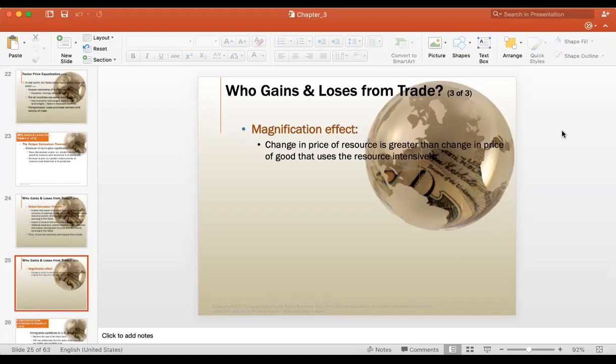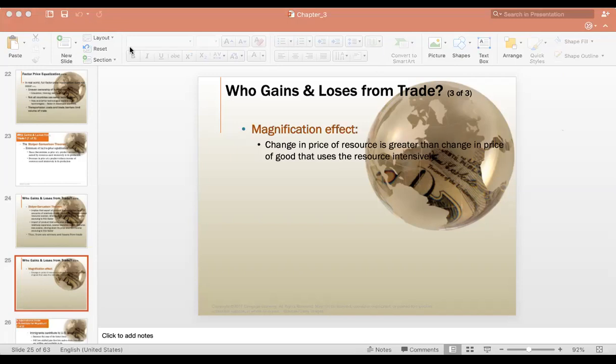Nothing happens to the price of labor, because remember, to produce aircraft you need both capital and labor. However, the magnification effect says that if the price of aircraft increases by a certain percentage, only the factor that is used intensively in producing that good will go up by more than 3%.